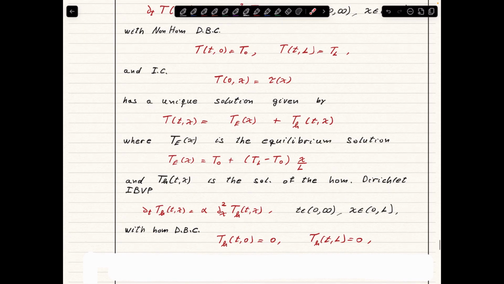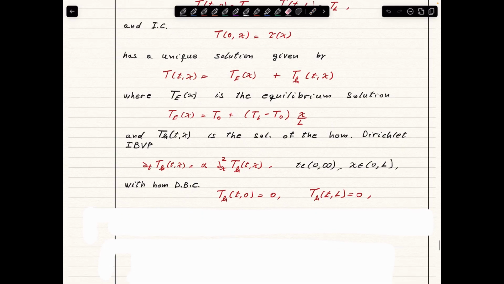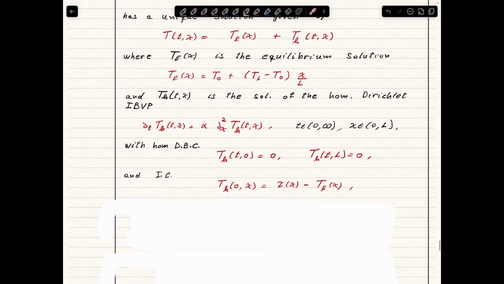And now the initial data for th is not going to be exactly the initial temperature, it's going to be the translation of the initial temperature. So the initial temperature for the function th, the h is from homogeneous, is going to be the translation by the equilibrium temperature of the initial temperature.